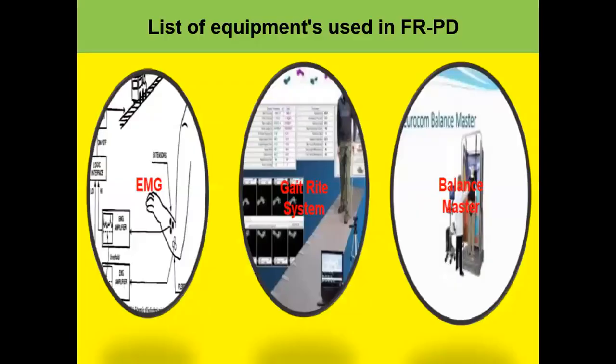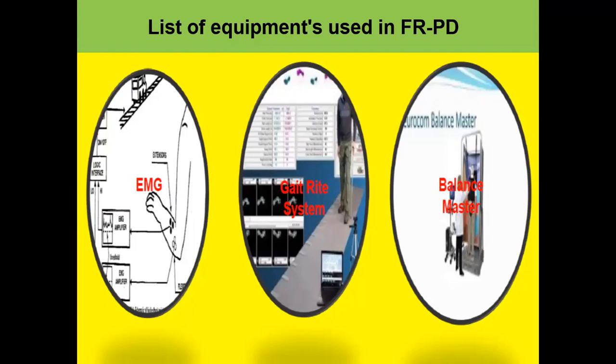Some of the new innovative equipment are electromyography, the gait rate system, and the balance master. The gait rate system is for both assessment and treatment. The balance master also assesses balance as well as treats.